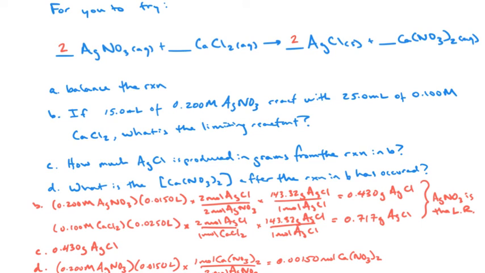The volume needs to be in liters. I had 15 milliliters and 25 milliliters. 0.0150 liters plus 0.0250 liters is 0.0400 liters, so just adding my two volumes together in liters. And to calculate the molarity, 0.00150 moles divided by 0.0400 liters is 0.0375 molar.